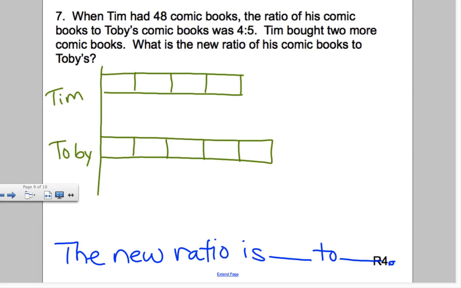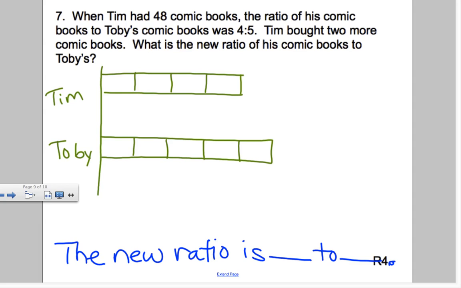So now as you look at this, what else do they tell us? This one has 48 comic books. Now wait, hang on, hold the phone. Does Tim really have 48 comic books?